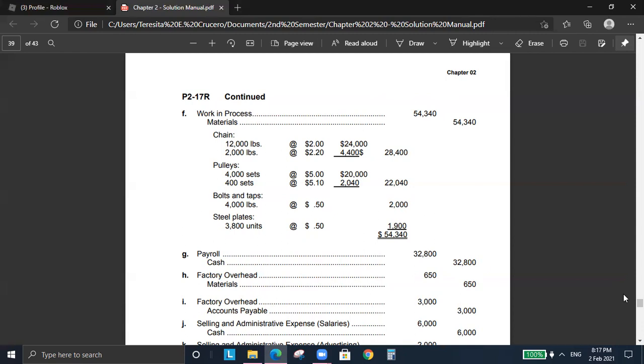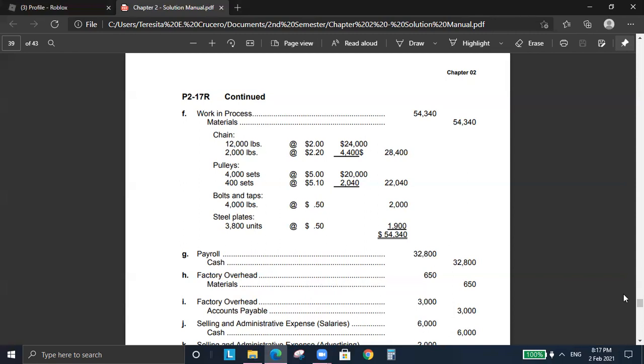Next, we have materials, bolts and tops. Used was a total of 4,000 pounds. For the beginning inventory, we have 10,000 pounds for a total cost of 5,000, meaning it's 5,000 divided by 10,000 pounds, or 50 cents per pound.